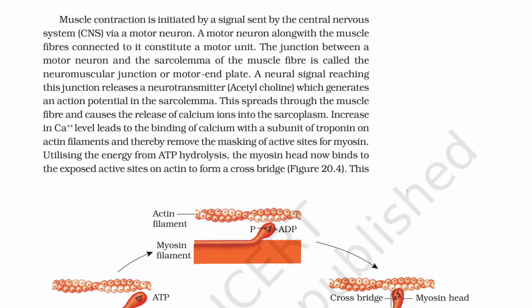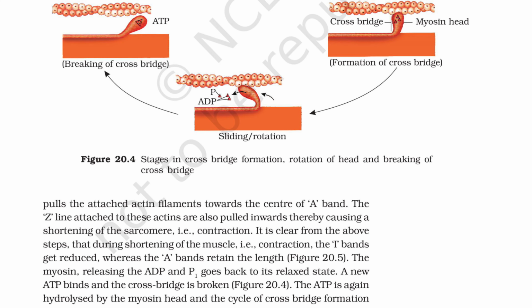Increase in Ca2+ level leads to the binding of calcium with a subunit of troponin on actin filaments and thereby removes the masking of active sites for myosin. Utilizing the energy from ATP hydrolysis, the myosin head now binds to the exposed active sites on actin to form a cross bridge. This pulls the attached actin filaments towards the center of the A band.